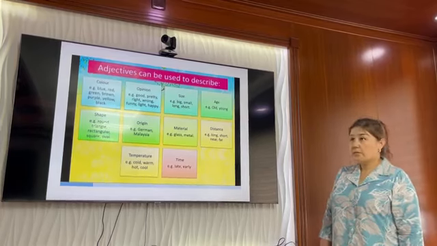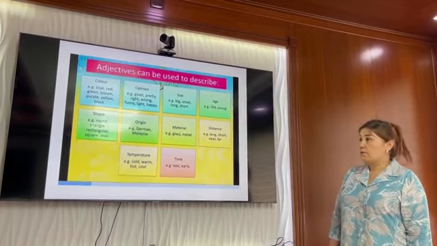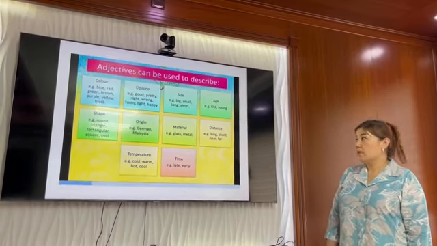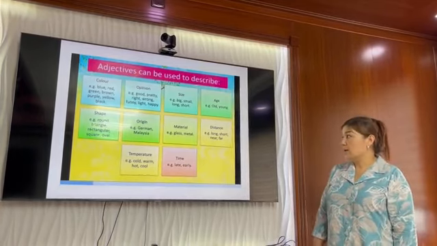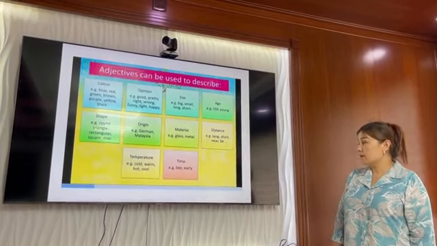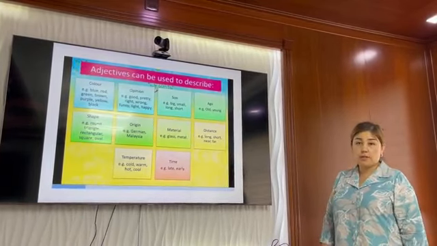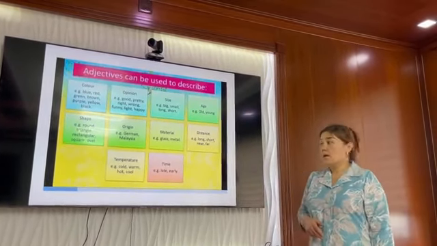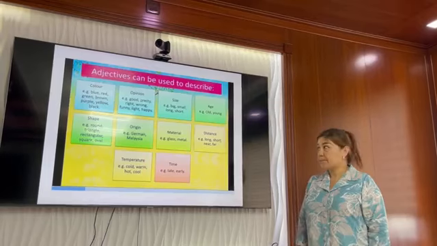And size: big, small, long, short; and age, for example, old, young; and shape, for example, round, triangle, square, oval; and origin: German, Malaysian; and material: glass, metal; and distance: long, short, near, far; and temperature, for example, cold, warm, hot, cool; and time: late, early.